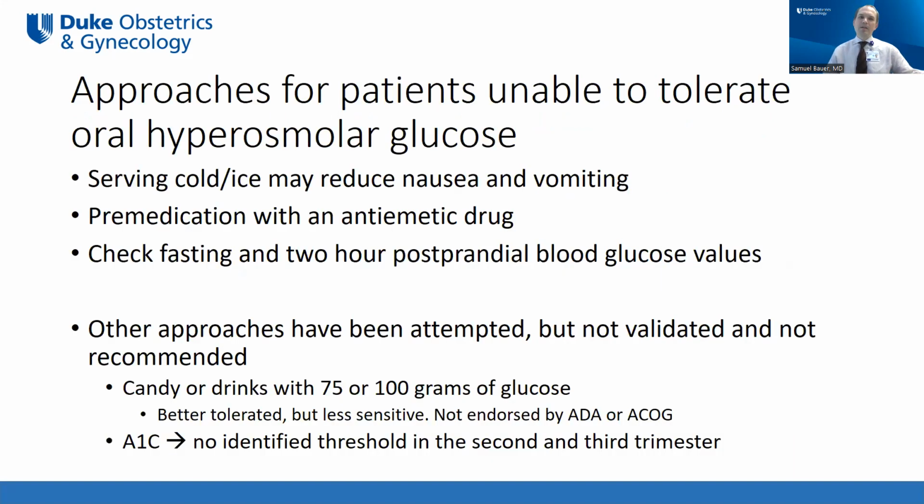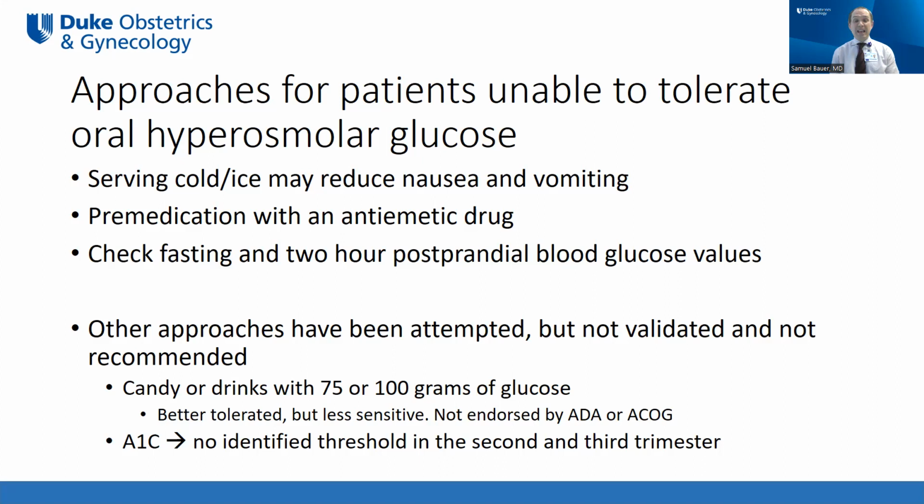Oftentimes it comes up, what are the approaches for patients who are unable to tolerate an oral glucose load? Maybe they've had bariatric surgery, maybe they've had significant nausea and vomiting in the pregnancy. These are just some ideas of ways to help avoid that. One could be serving it cold or with ice to help reduce nausea and vomiting.